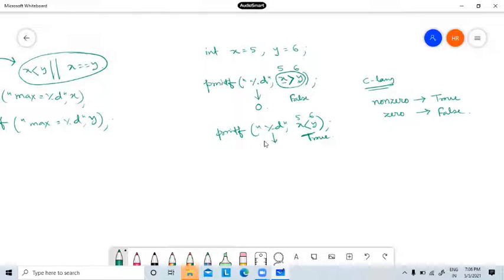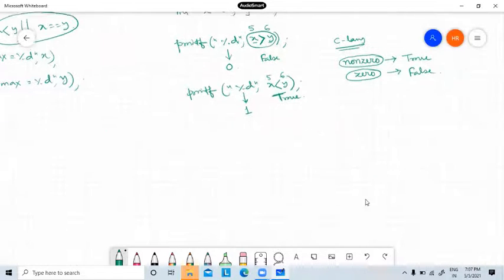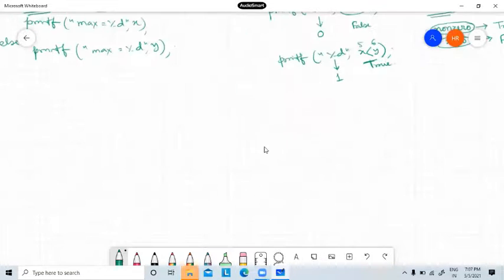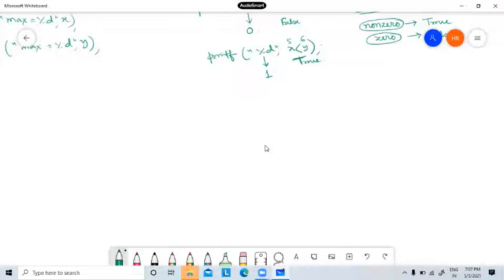So you will get output 1. But any non-zero value is represented as true, and any zero value is represented as false. You should remember this. It is very important whenever you are writing any condition.